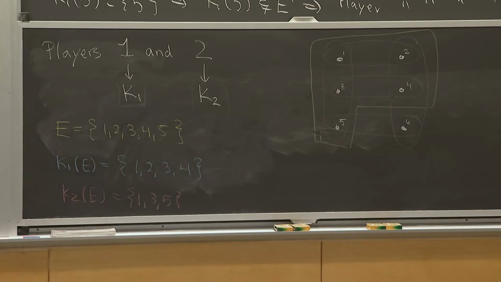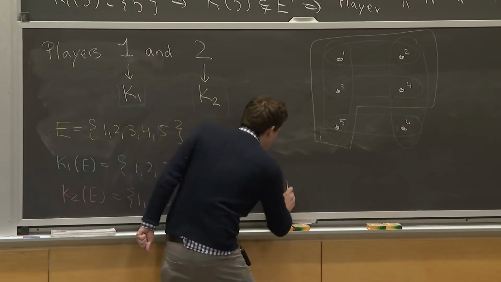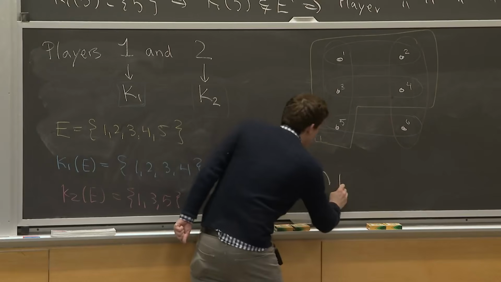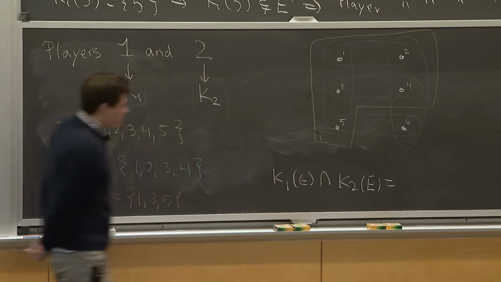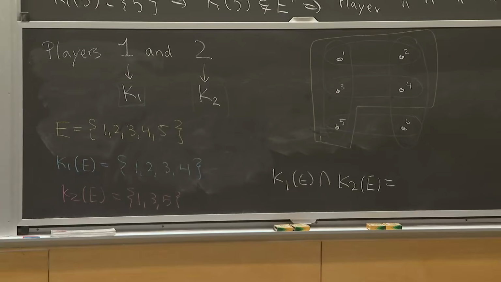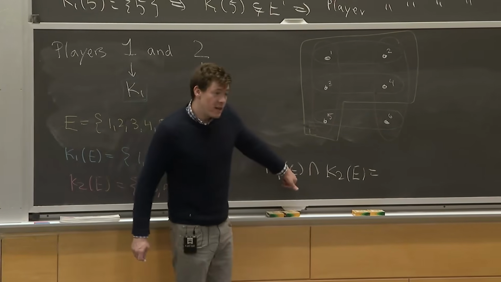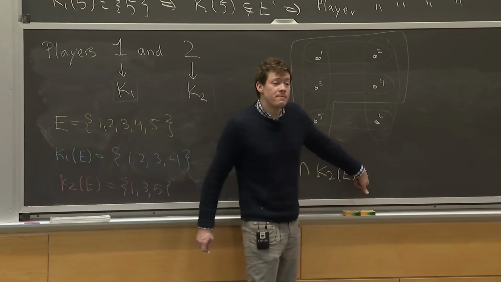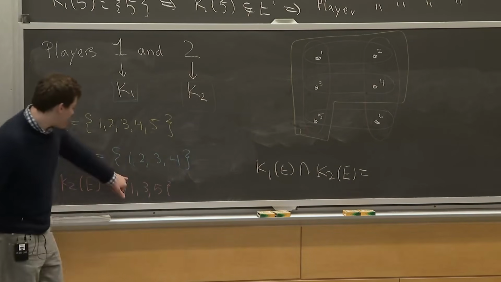But now we can ask another question, which is, what is K1 of E intersect K2 of E? So let's try to interpret this set. This is the set of states where player 1 knows E and player 2 knows E. And if we just read it off here, we can see these are the states 1 and 3.